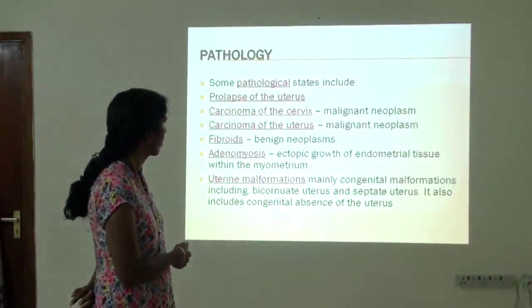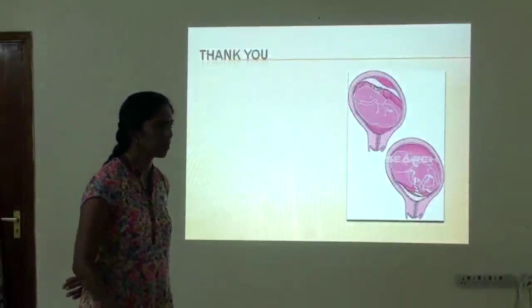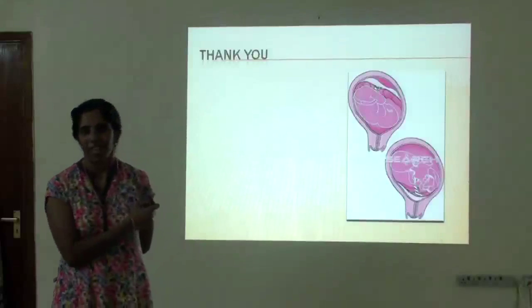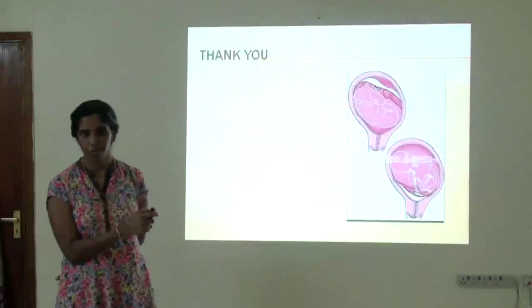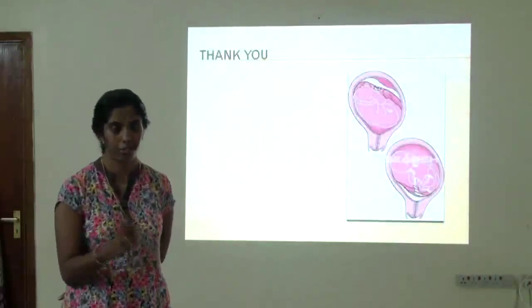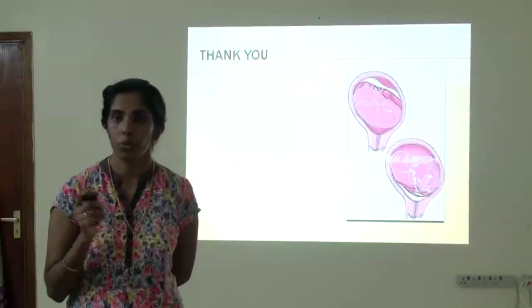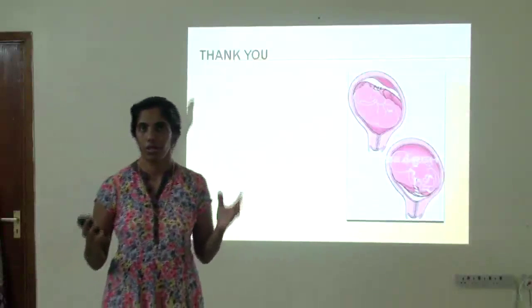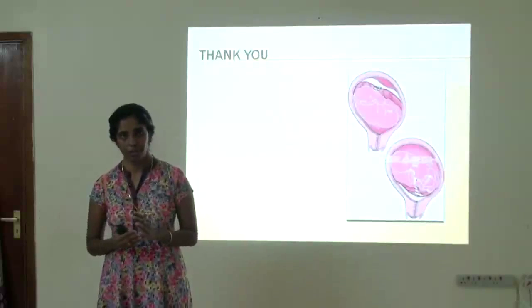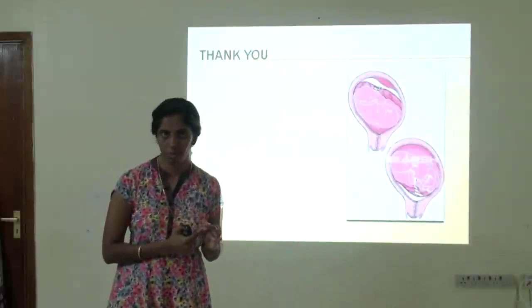Before we actually sum up, shall we take a quick review of what we already saw? You know the structure of the uterus. We said it's a hollow inverted pear-shaped organ. Then about the dimensions, you know.